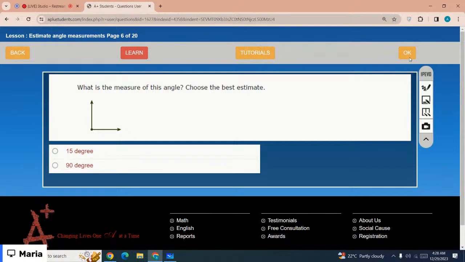Which is the correct option? Yes, 90 degrees it is. The correct option is 90 degrees.